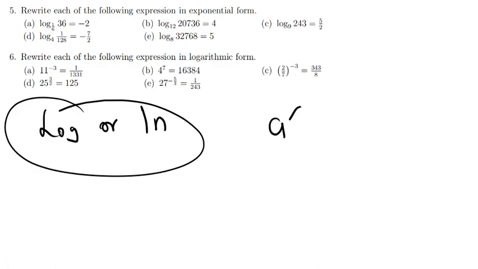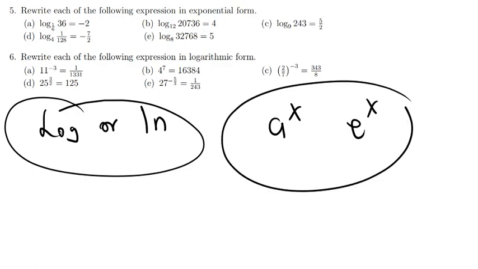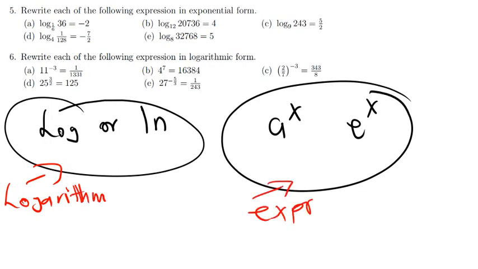Anything to the power x, or e to the power x, is what we call exponential. Understanding this is very important for you to also understand calculus when it comes to the differentiation of log and exponential. It's going to be easy.